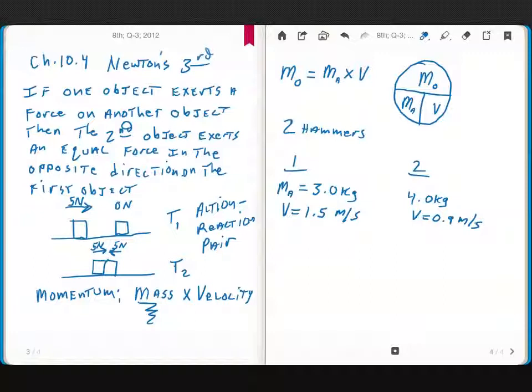So the question is, what is the overall momentum of this situation where 2 hammers are hitting each other? Here's hammer 1. Here's hammer 2. It's a little bigger. And they're impacting each other.